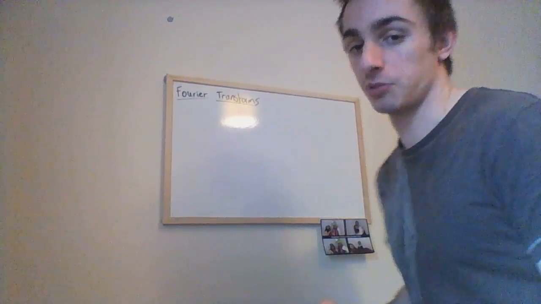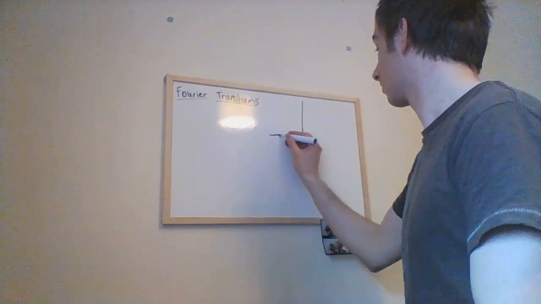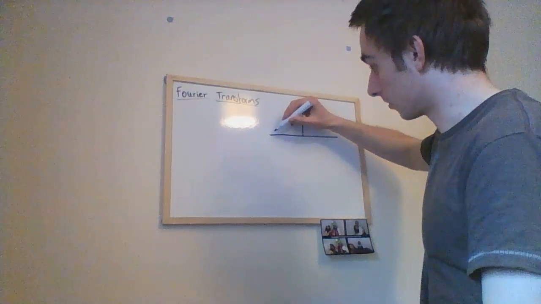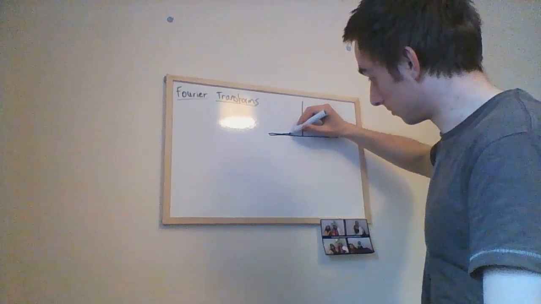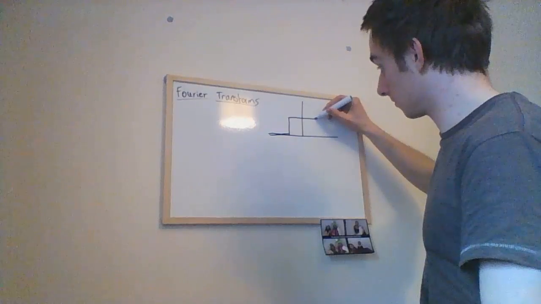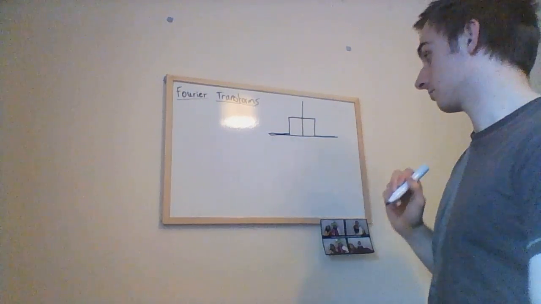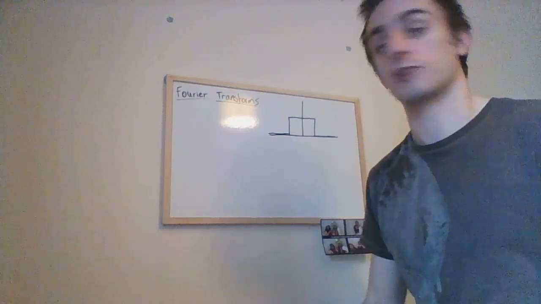We'll look at the example of just a square pulse. It's going along at 0, then it goes up, and it's a square, and stays there. You might have heard of this as a top hat function.